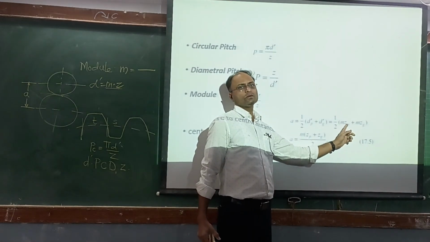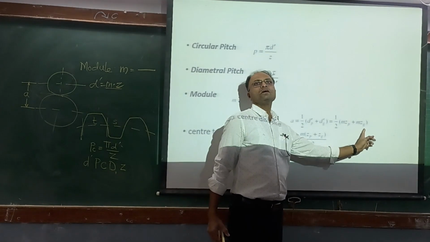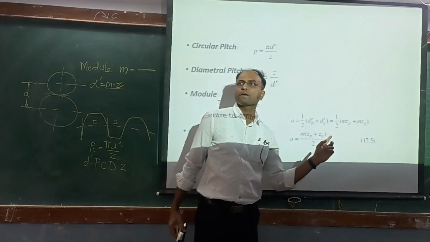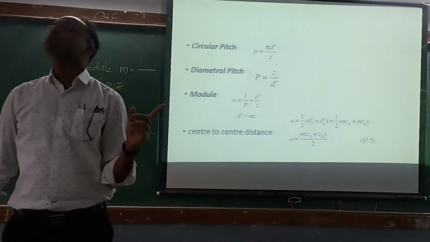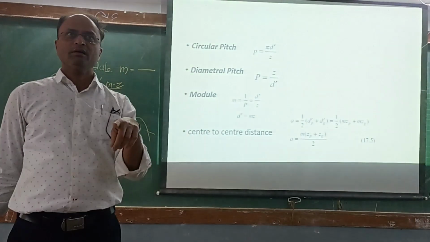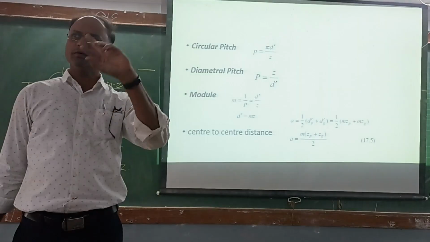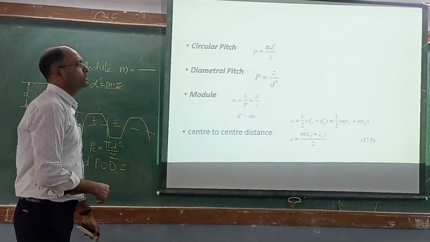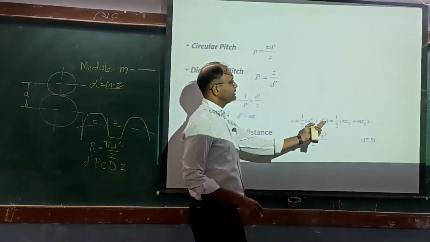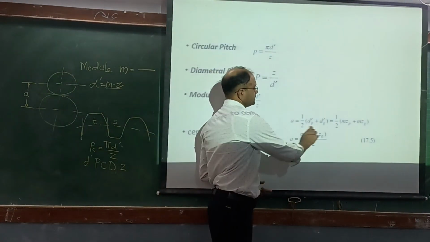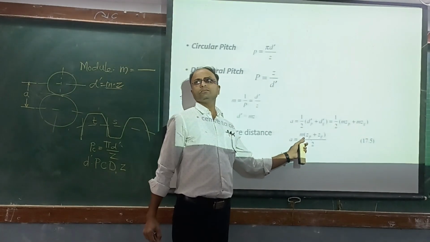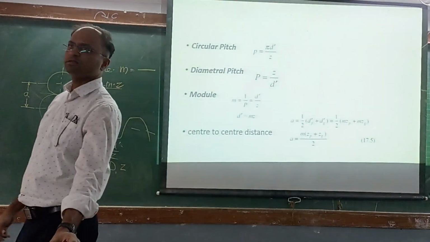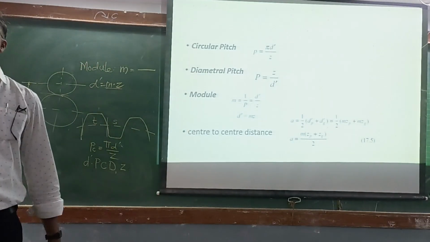Yes or no? And dg dash I can write as m zg, where zp is number of teeth on pinion and zg number of teeth on gear. So henceforth we will use notation p for pinion and g for gear. Okay. So ultimately you can take module out. So the final equation for center distance is m (zp plus zg) by 2. This is the simplest equation for calculating center distance.